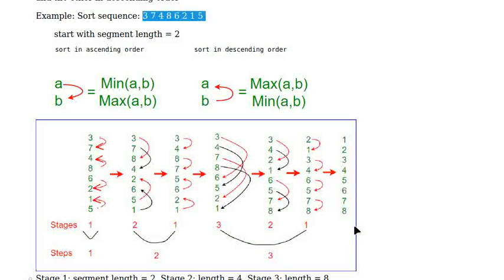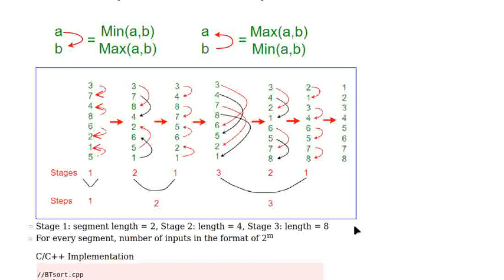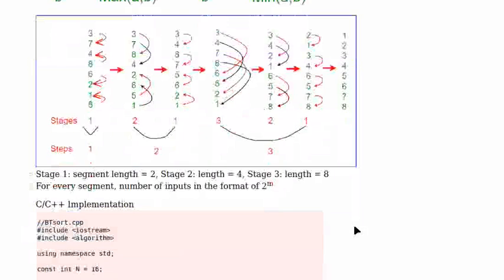This example illustrates how it works. And now you might have seen that for every segment, the number of inputs is in the format of 2 to the m. So it is 2, 4, or 8 in this example.